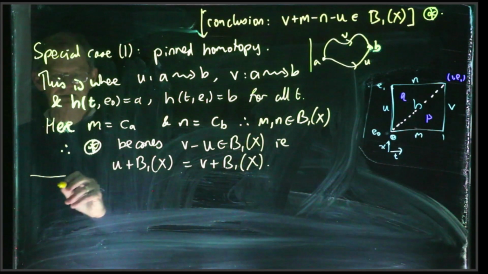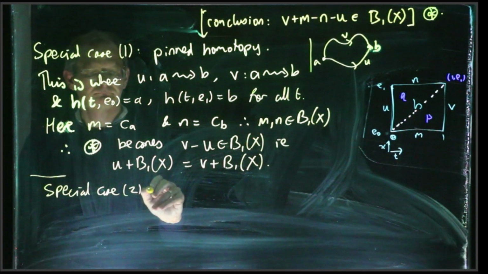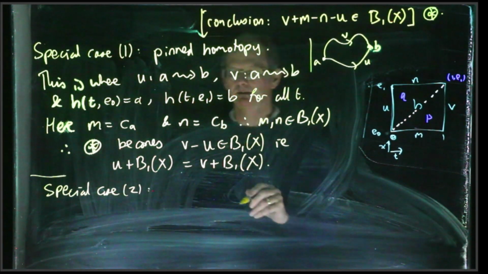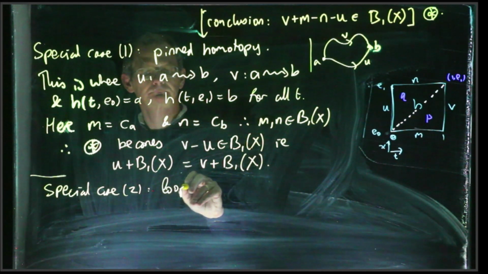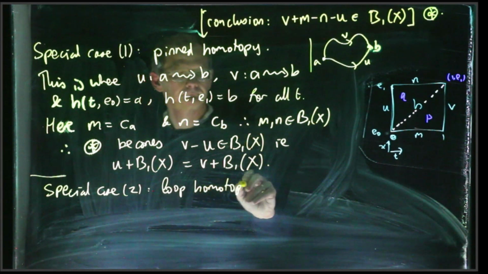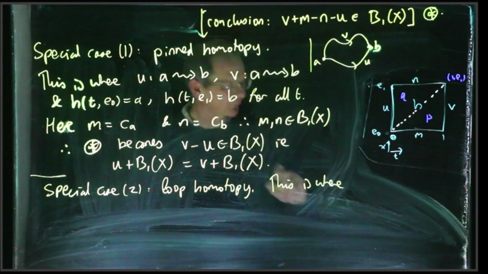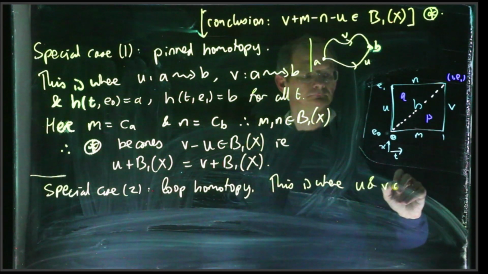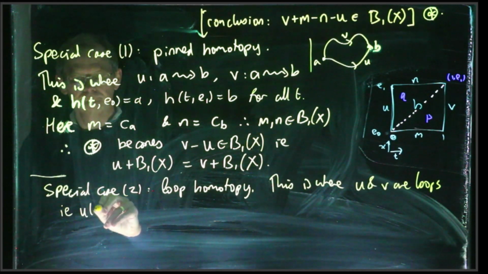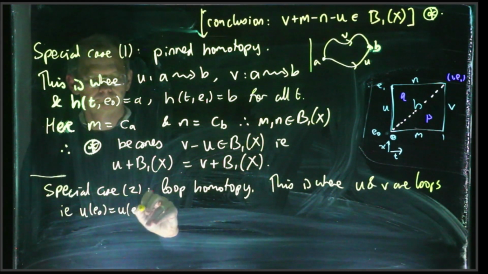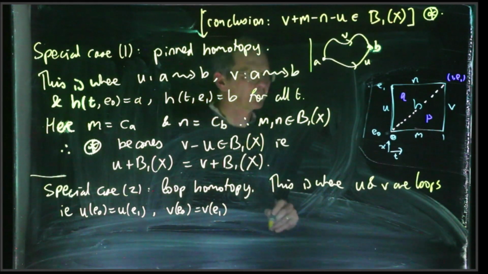Okay. And the second special case is going to be the loop homotopy. This is where U and V are loops. Okay, so both U and V are loops.